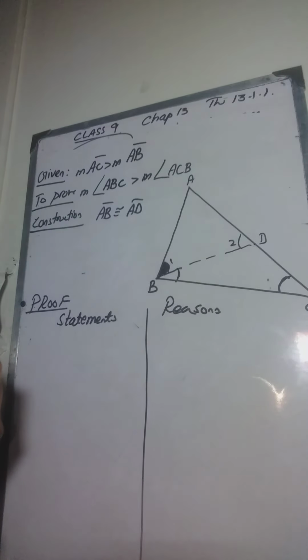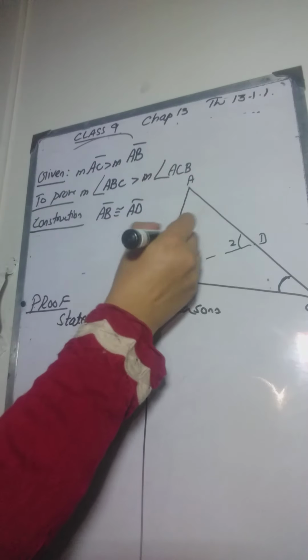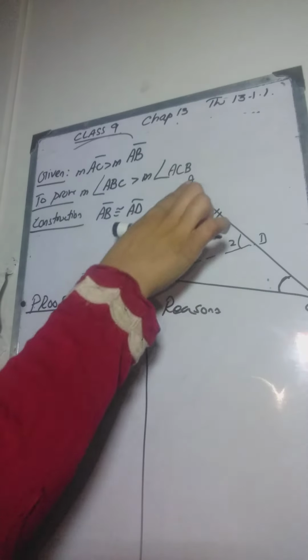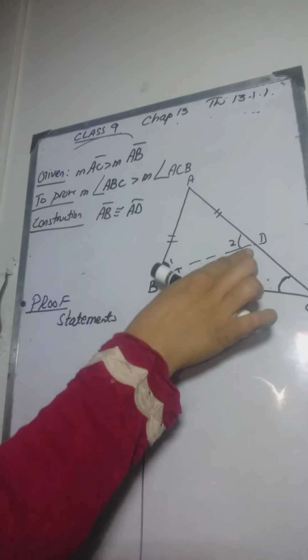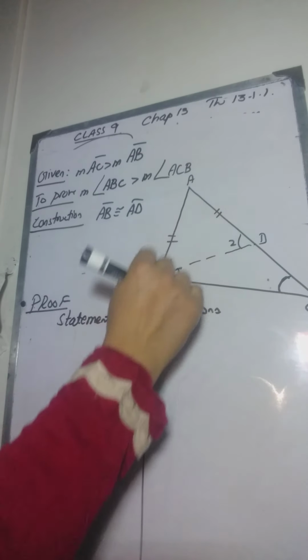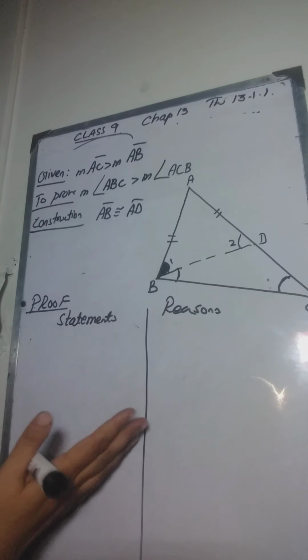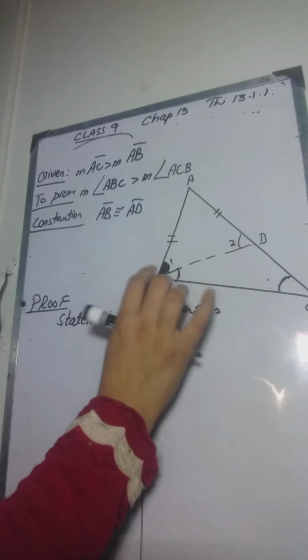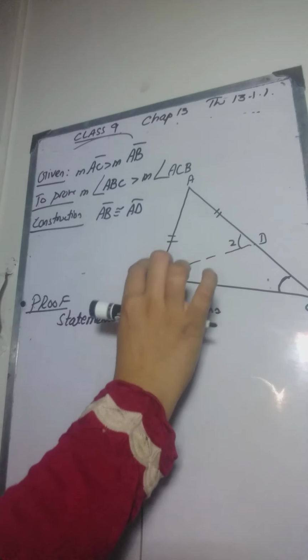First of all, consider triangle ABD. We know that it is an isosceles triangle, in which both these sides are equal. We know that if two sides are equal, then the angles opposite to those sides are also equal. Or you can also say that in an isosceles triangle, the base angles are always congruent.